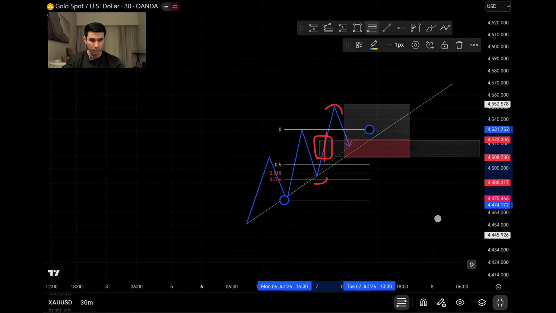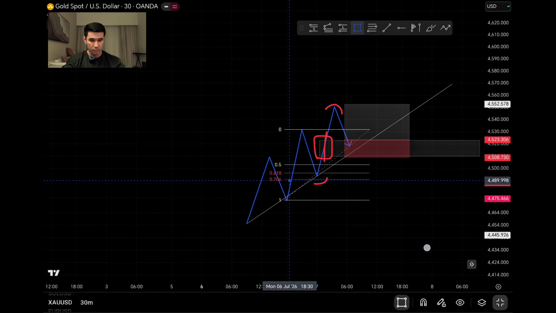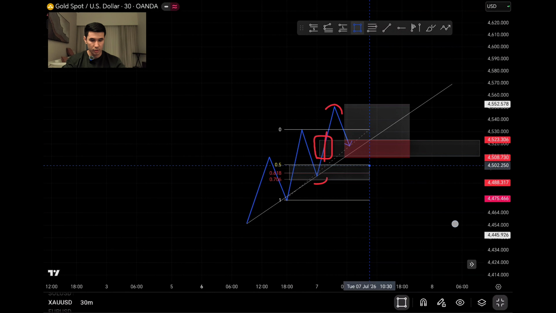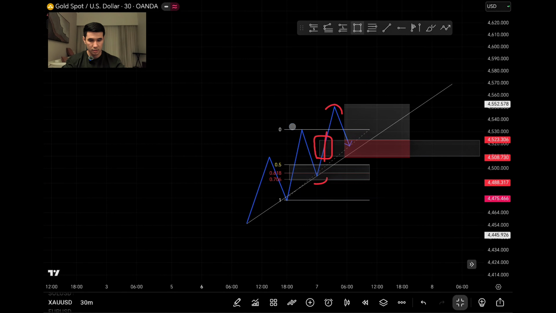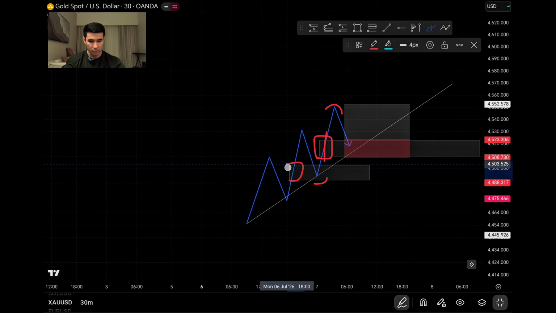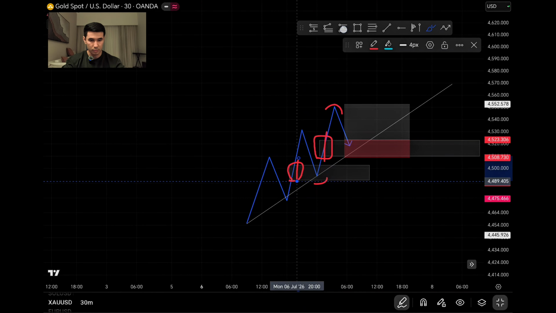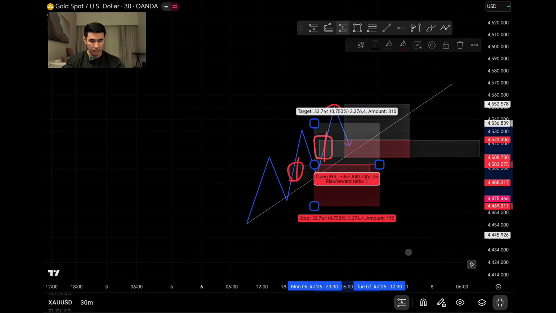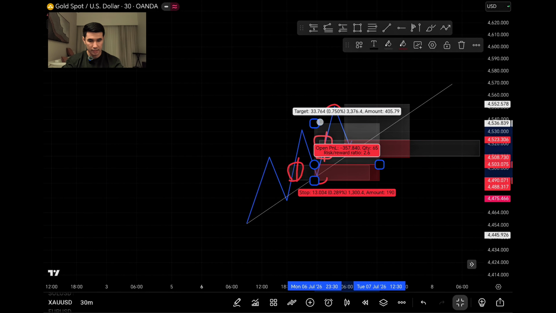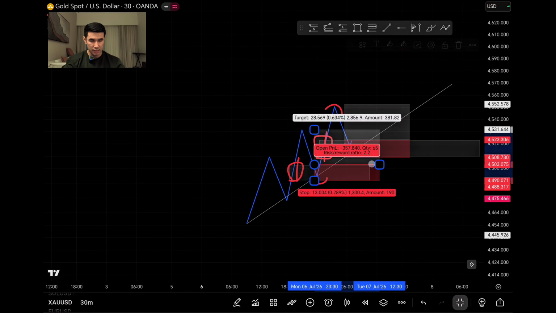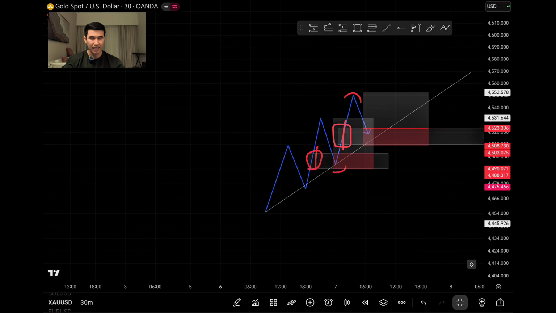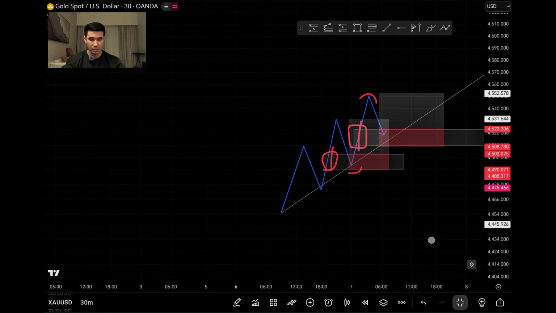You will just put the Fibonacci and mark up the golden zone here. As you see, there will be some kind of order block right here as well. So you can put your long from here, stop loss is below, and the take profit is on top. Same thing keeps happening, like a stair, it keeps happening.